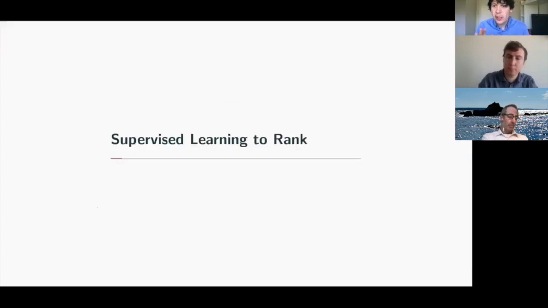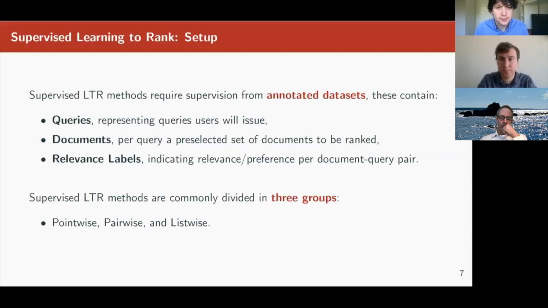And before we get into how you do this from learning from user interactions, we're going to talk about the classical way of doing it, which is supervised learning to rank. Now, these methods are based on annotated data sets. And such data sets usually contain examples of queries that users usually use or have used or will use, documents, the thing that we're going to rank.